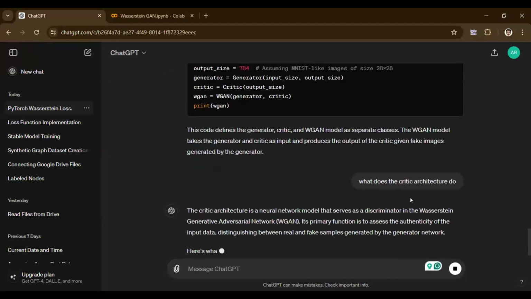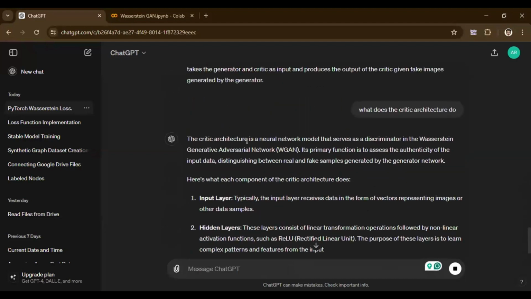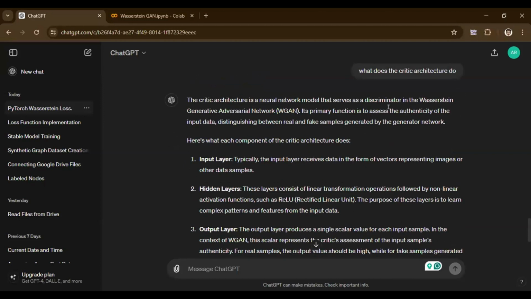The critic is a neural network model that serves as a discriminator in the Wasserstein GAN, and its function is to assess the authenticity of the input data, distinguishing between real and fake samples generated by the generator network.